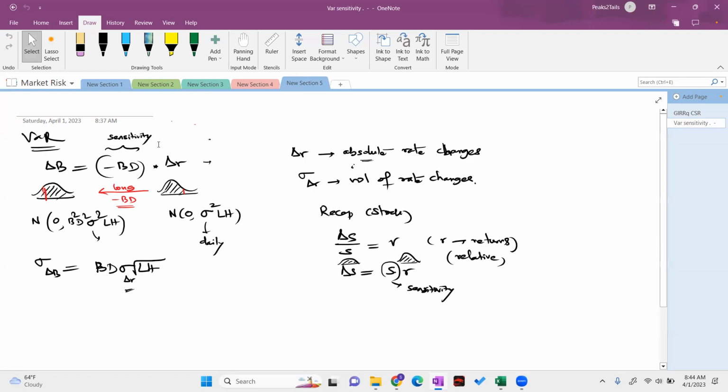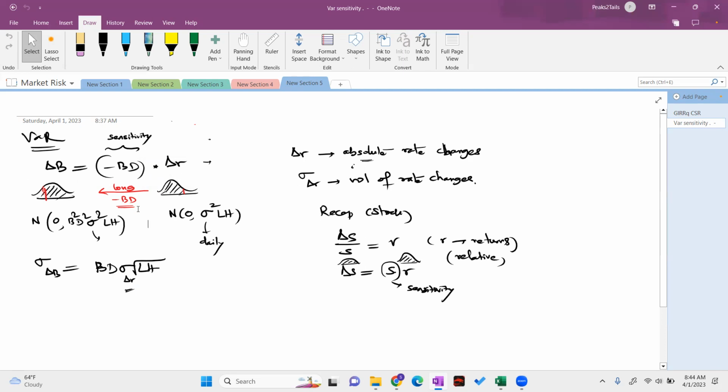Sarada says, why did you say long minus BD? What does it mean? Bond and interest rate have a negative relationship, right? If interest rate goes up, bond price goes down, simply because there is a negative sign. But only if you are long on the bond. So if you have a long position, a large upward movement in interest rate will cause a large downward movement in bond price or bond value.